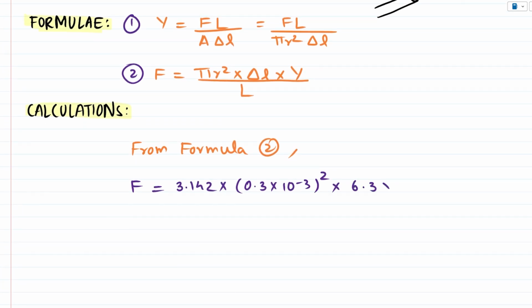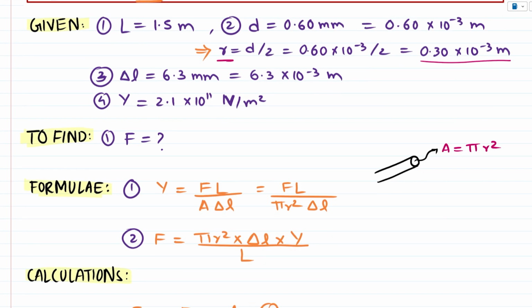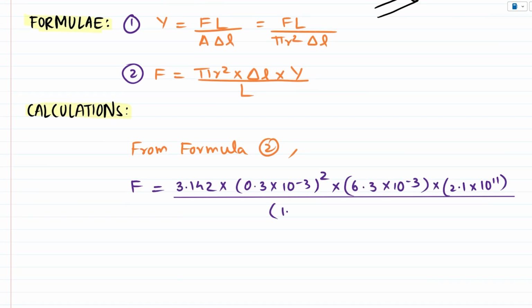So this was the value of delta L, into the Young's modulus, which for steel is 2.1 into 10 raised to 11. A lot of values. I hope we can cancel a bunch of values in this. And the whole thing divided by the length. So length was said to be 1.5 meters. So 1.5 there as well.